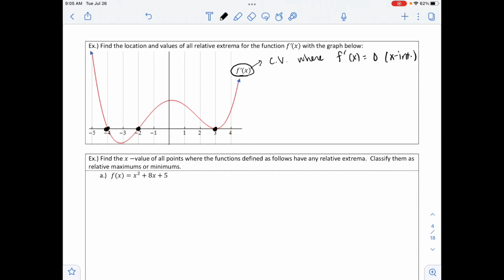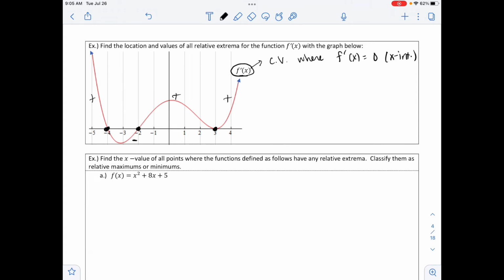And so your function is going to be increasing where the derivative is positive. It is positive above the x-axis where any of those y values are positive. So all of this is positive or increasing. Likewise, it is going to be decreasing where your graph of the derivative is below the x-axis. So I'm going to go ahead and label that with the little negative and decreasing.